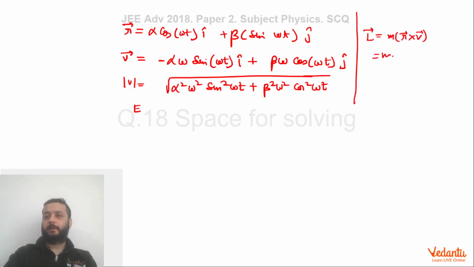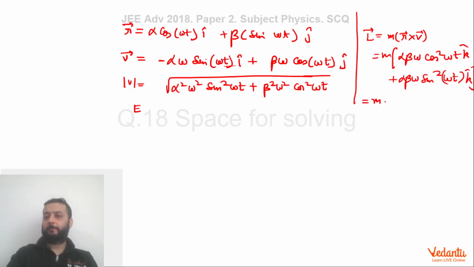So if you do r cross velocity, this vector cross this vector: alpha cos omega t i cross alpha omega sin omega t, this will be 0, since i cross i is 0. i cross j will become k, and it will be alpha beta omega cos square omega t k cap, and this again alpha beta omega sin square omega t. j cross i will become minus k, but one minus is already there, so again it will become plus k. So again it will become alpha beta omega sin square omega t k cap, right?